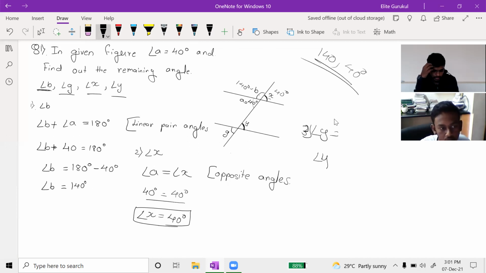So angle Y is the third one. We took X as second, this we went for 2, then we took this third, and last we will go for this.